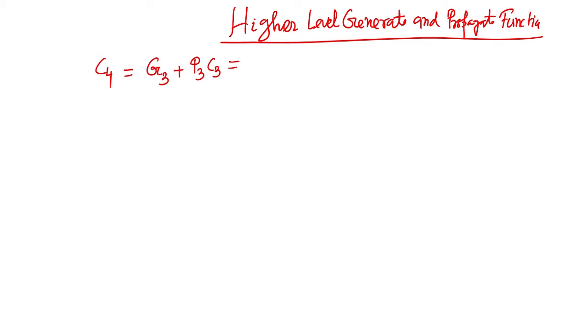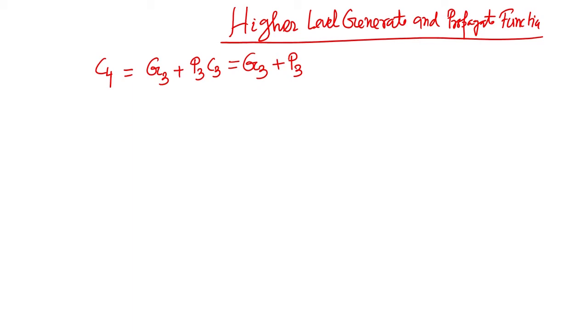So, here what we can do is expand entirely. G3 plus P3, we can replace C3 in terms of C2, and similarly we can replace C2 in terms of C1.